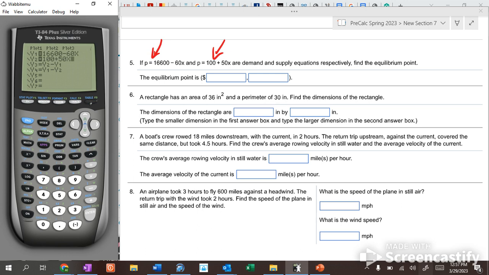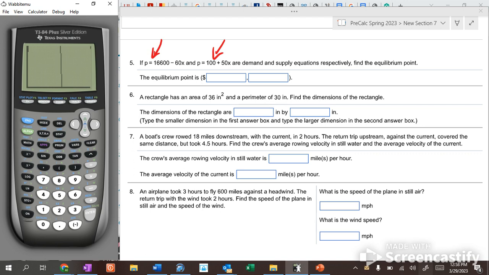If we graph them both, I bet they won't even fit on here. Not very well. So if I change my window to 0 to 500 and 0 to 500, I'll see what I got going on now.